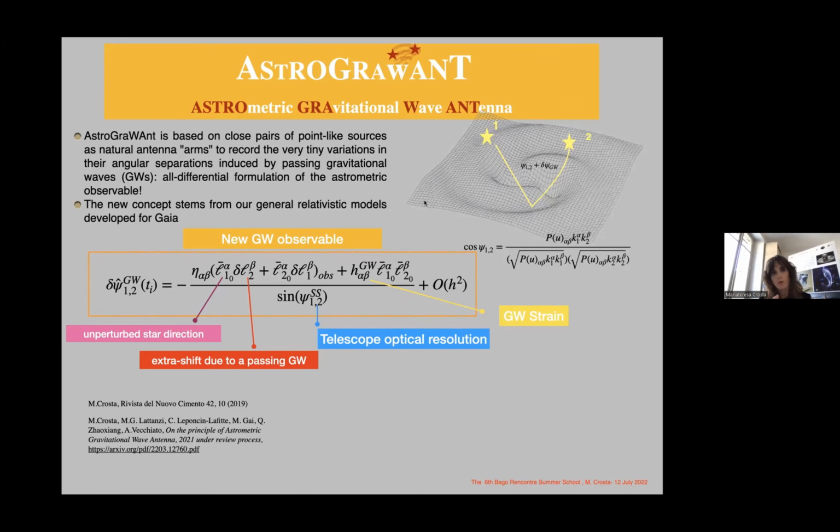This new observable practically aims to monitor small variations of the basic angle between two directions. This small variation is due to passing gravitational waves.